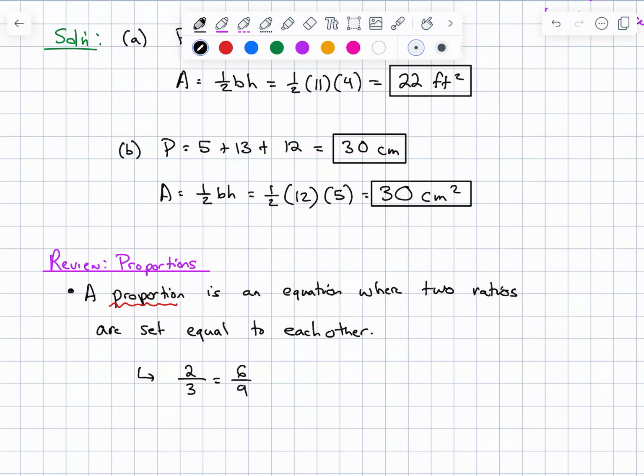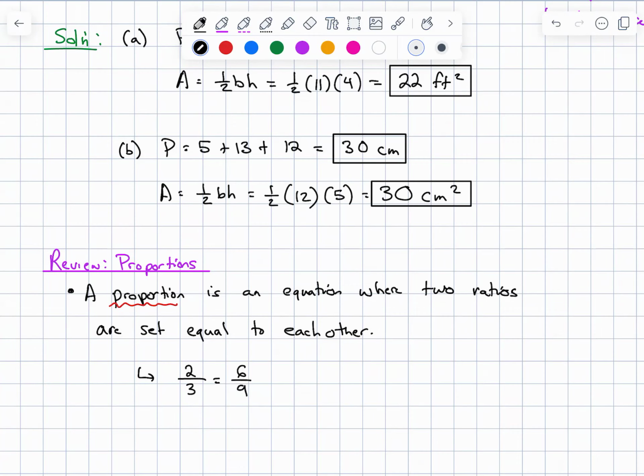It's not like you're trying to triple a recipe and need a specific ratio between cups of flour and number of eggs. It's not in a real life context. It's just a purely mathematical true statement. 2/3, if you plug that into a calculator, you'll get 0.6 repeating. And if you plug in 6/9 into your calculator, you'll also get 0.6 repeating.